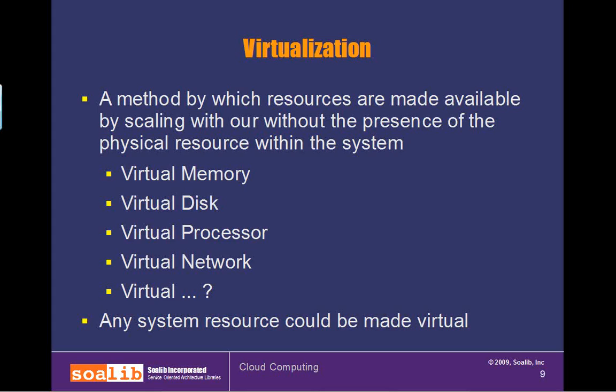Similarly, disk space could be virtualized by adding multiple physical and logical drives. A virtual system makes use of one or more processors during execution. Similarly, a system may have more than one network port.